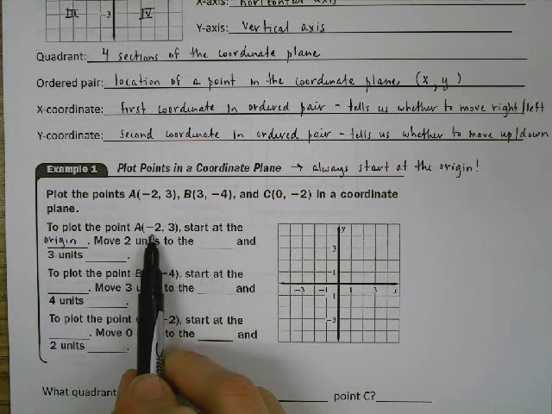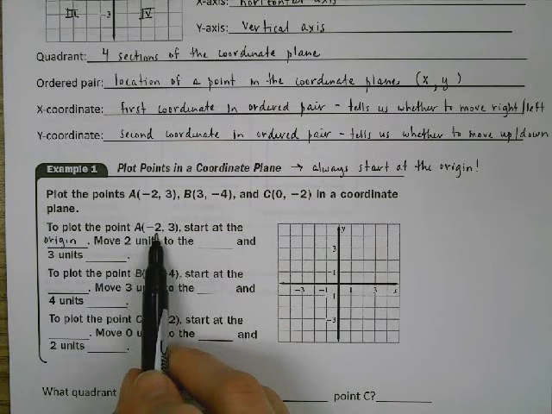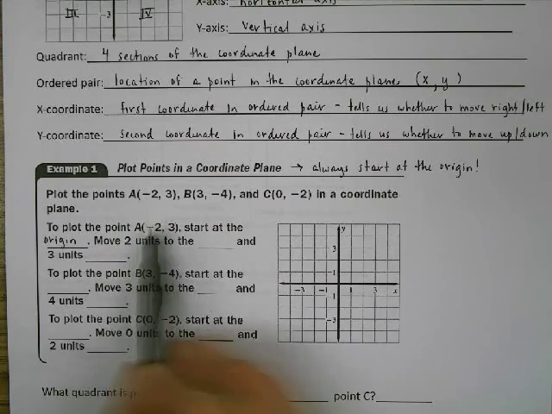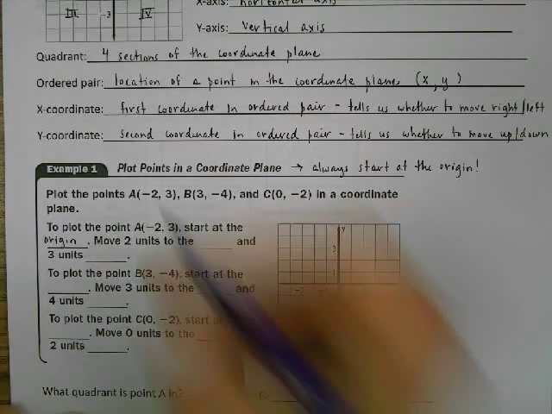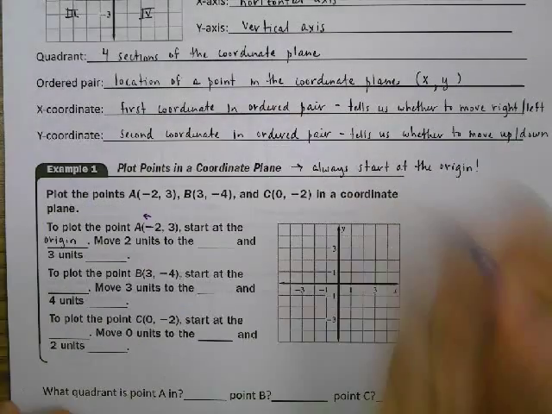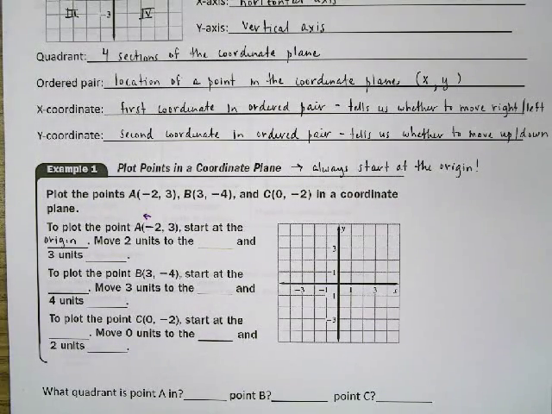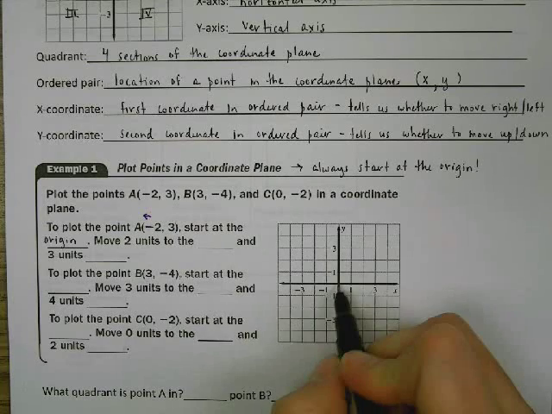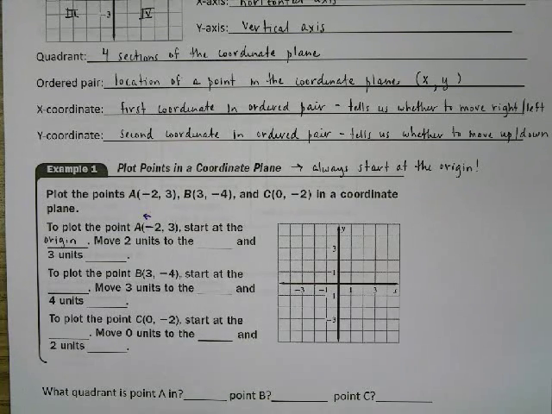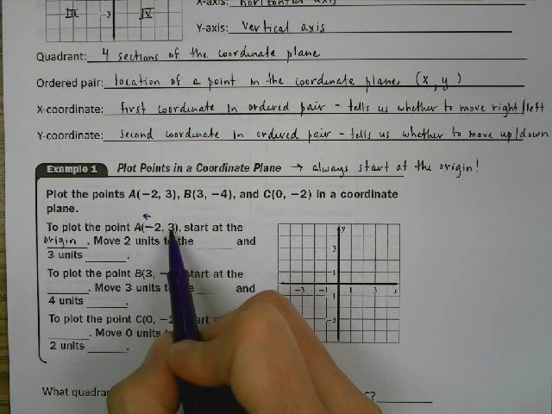Now, we said the x-coordinate tells us whether to move right or left. In this case, since my sign is negative, I'm going to move to the left. So from the origin, I go to the left 2. Now, we said the y-coordinate tells us whether to move up or down.